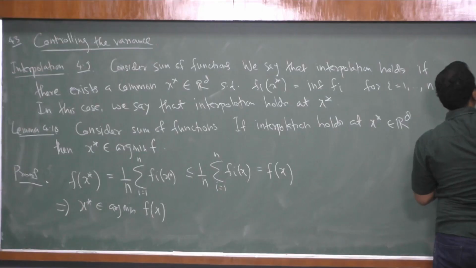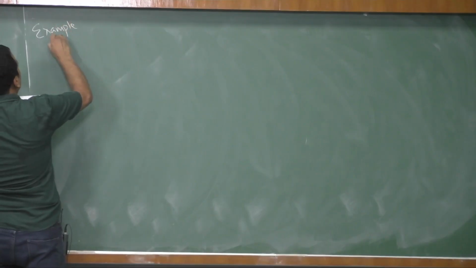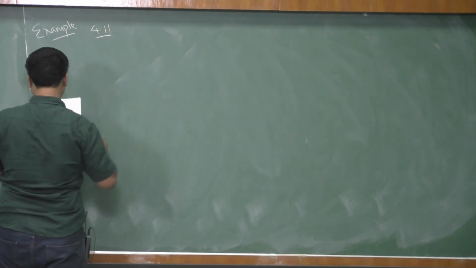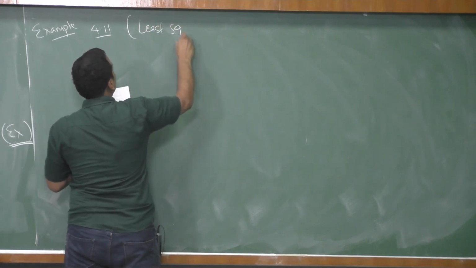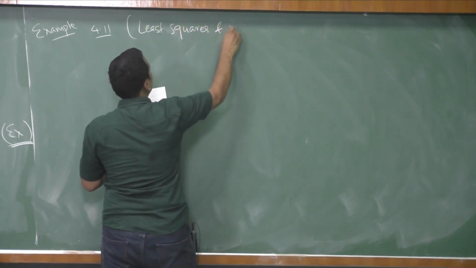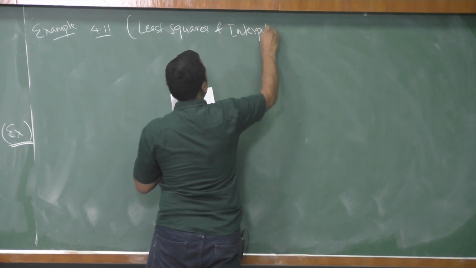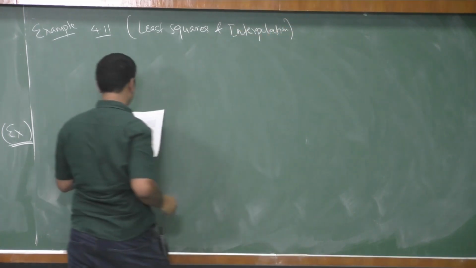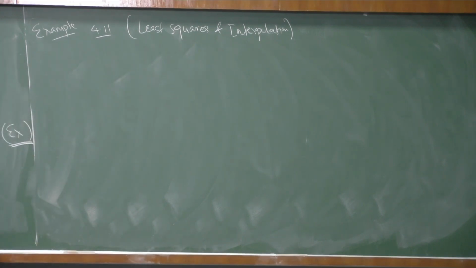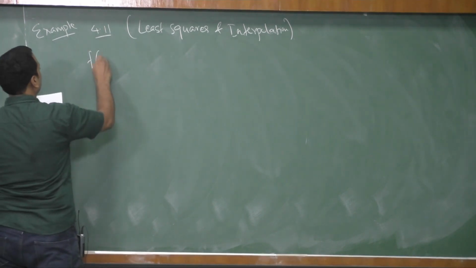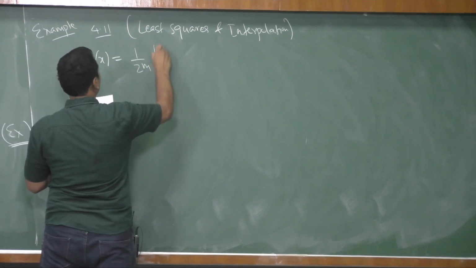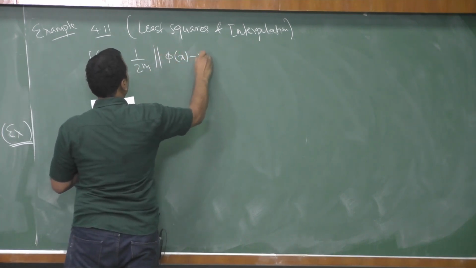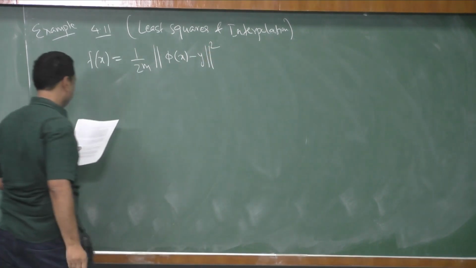In least squares, obviously we are talking about regression here, and in this case the cost function is given by 1 by 2m, norm of phi x minus y squared.